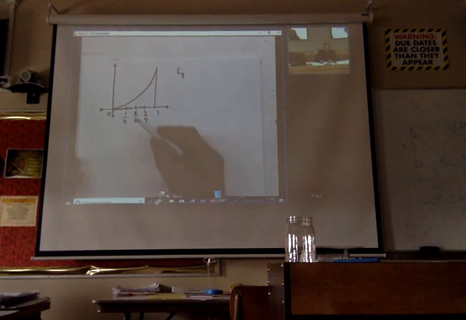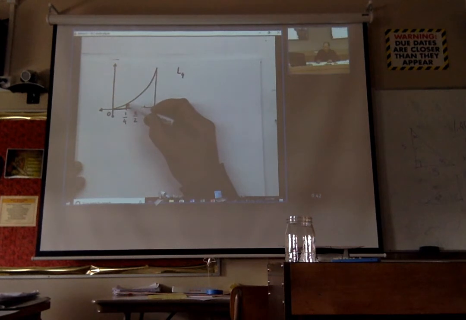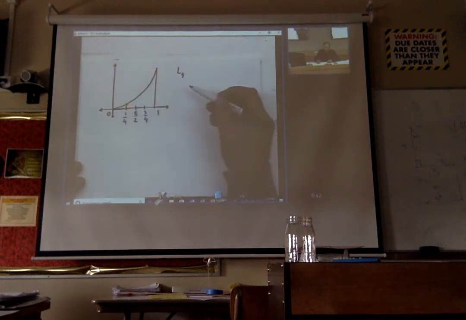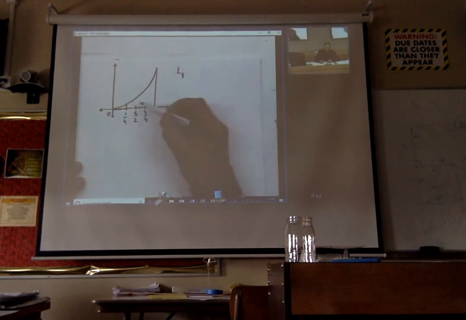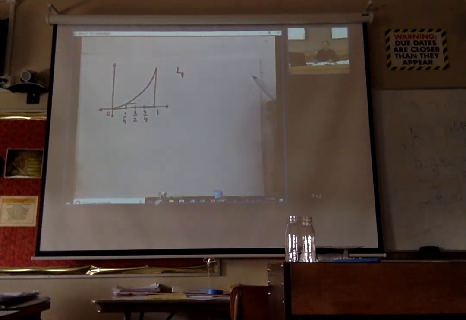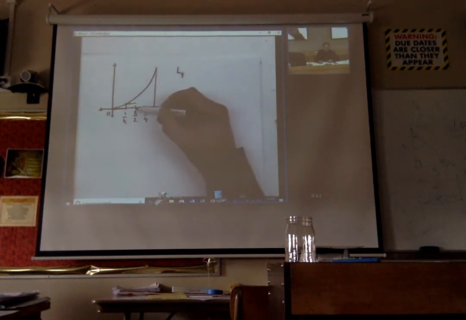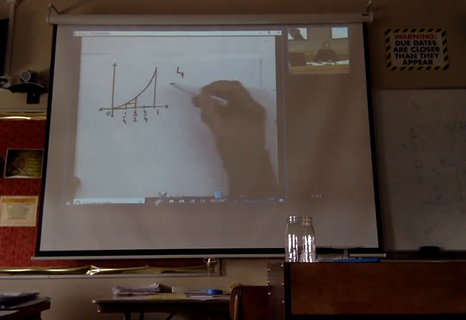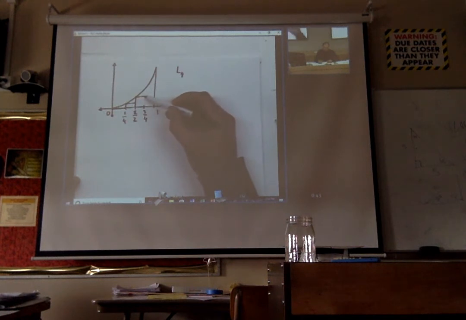Now here, I go to 1 over 4, that's my next number, and I go up, intersect my curve, and then from this curve, I go to the right, to 1 over 2. Again, going to 1 over 2, I go up and intersect the curve. I go to the right.